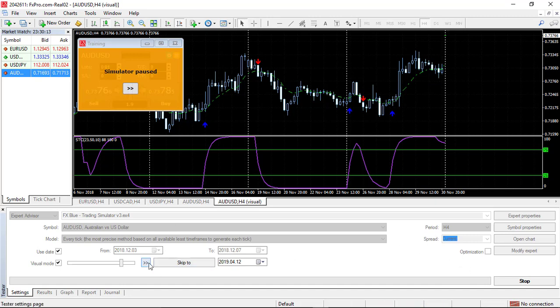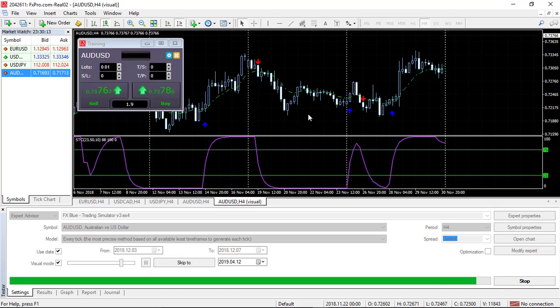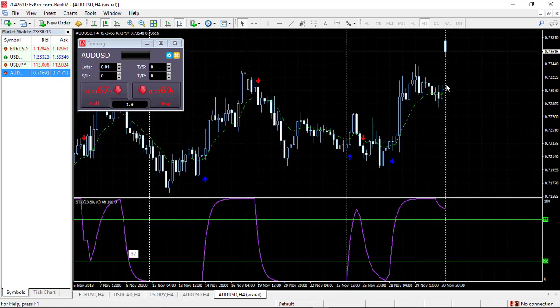So we start the simulation. As you can see, now the signal line is above the 75 level, so we are going to wait for a cross below the 75 level to take a sell order.